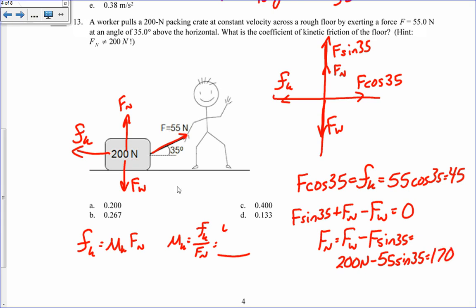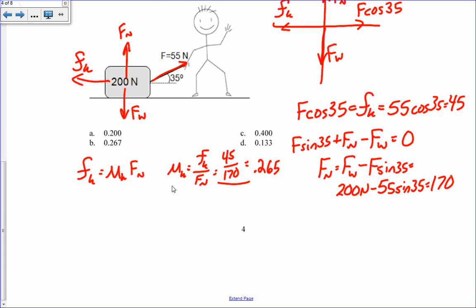So 45 over 170, I get 0.265. So it should be B, number 13. Yeah, it's B. I should have kept 3 sig figs throughout. To be more correct, I should have had a decimal point right there. But it's the closest answer, 0.265.